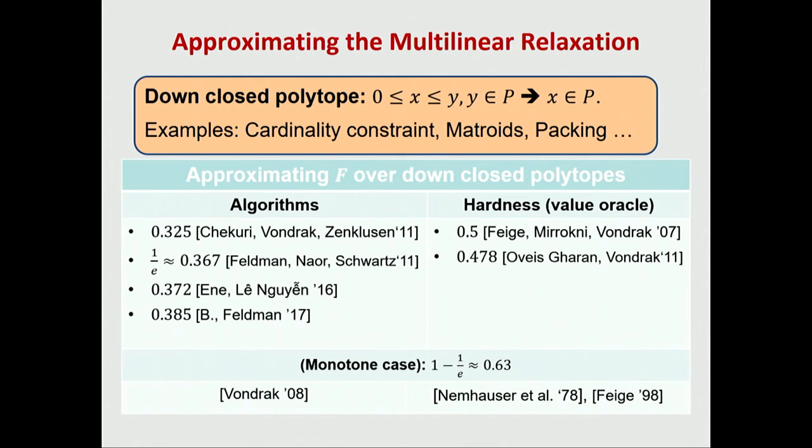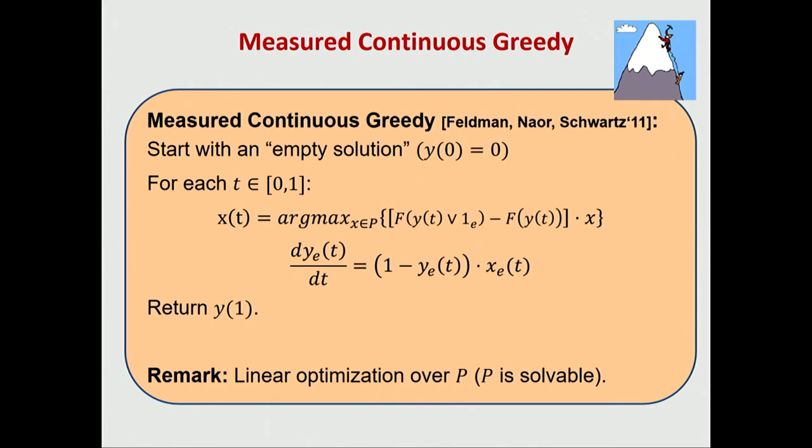So I think I will skip the proof, but I will just tell you what the algorithm is, and I will show you that this is only 3 slides that I will skip. So what is the algorithm? It's just the measured continuous greedy.